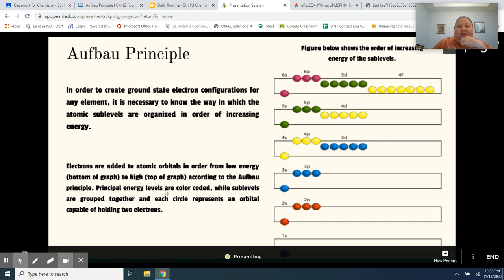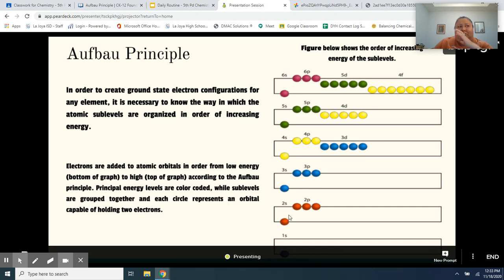Principal energy levels are color-coded, while the sublevels are grouped together, and each circle, you have to always remember, holds 2 electrons, okay? So it tells you that your energy levels are color-coded. So you have them by color is the energy level for those electrons. And then each circle, again, holds 2 electrons.